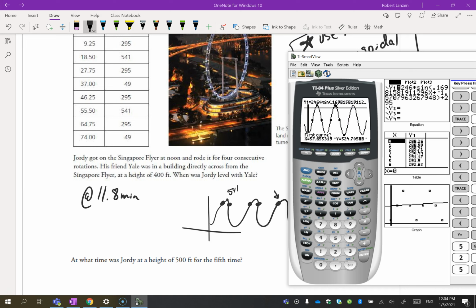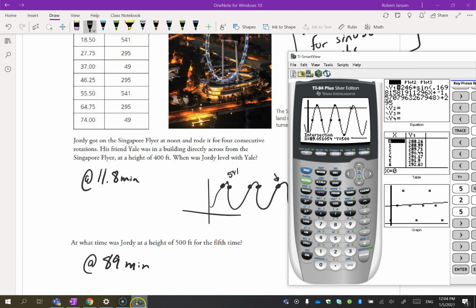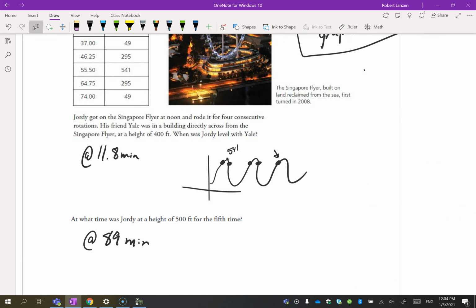Let's put this cursor somewhere around that 5th time that it reaches there. So enter, enter, enter. And it looks like it'll be at the 89th minute. 89.0. You can go 89.1, I guess. 89.1 minutes.